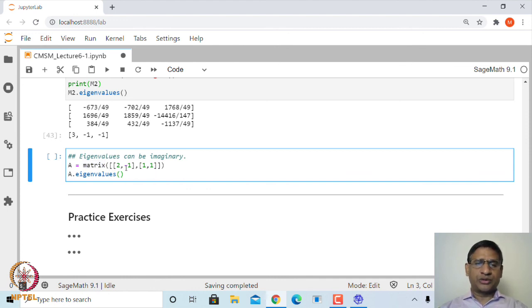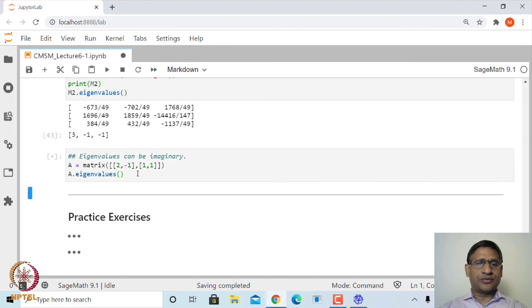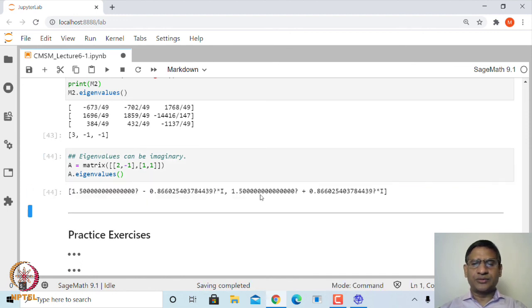So, if you look at, for example, this 2 cross 2 real matrix 2 minus 1 1 1 and try to find the eigenvalues of A, you will see that it gives you imaginary eigenvalues. Here it means 1.5 minus 0.866 times the identity times I, which is an imaginary number, and this question mark actually tells you that this is a numerical computation, so it is not exact.